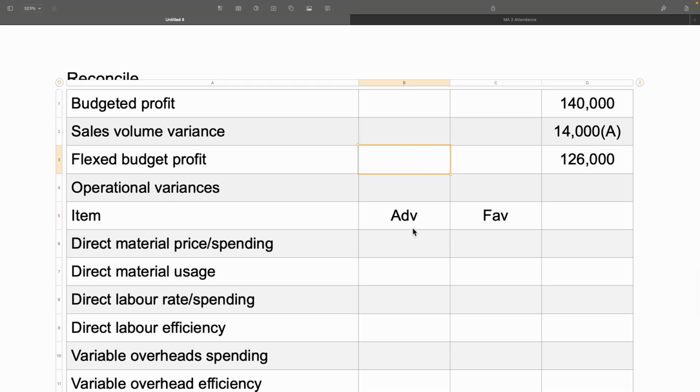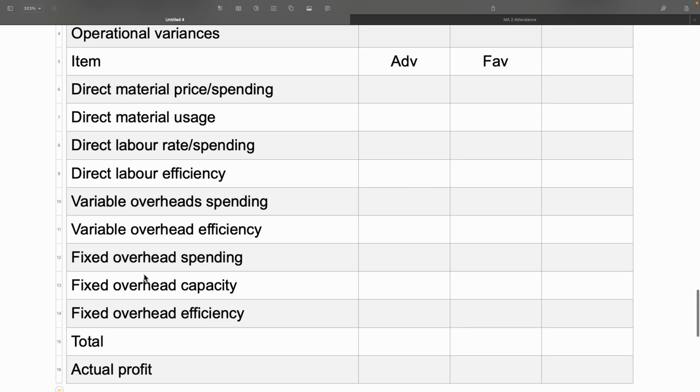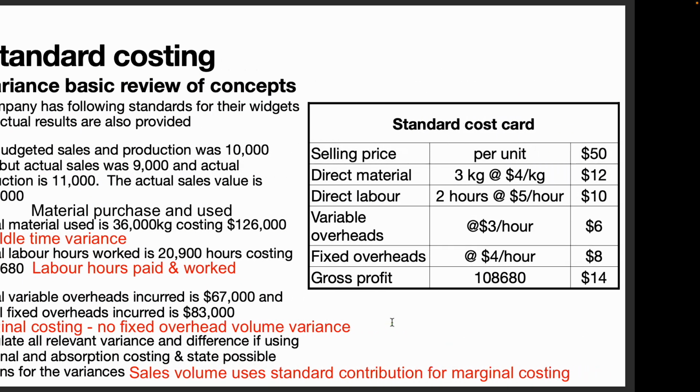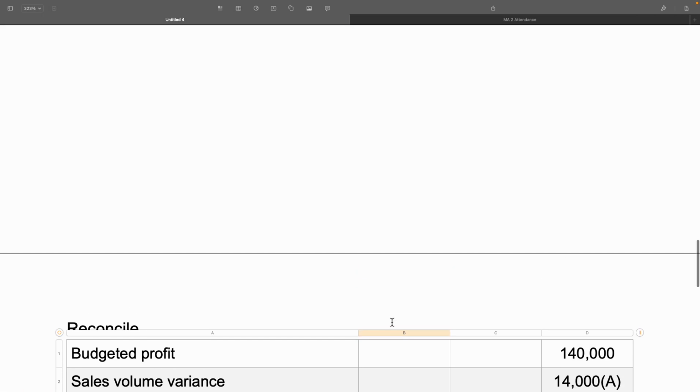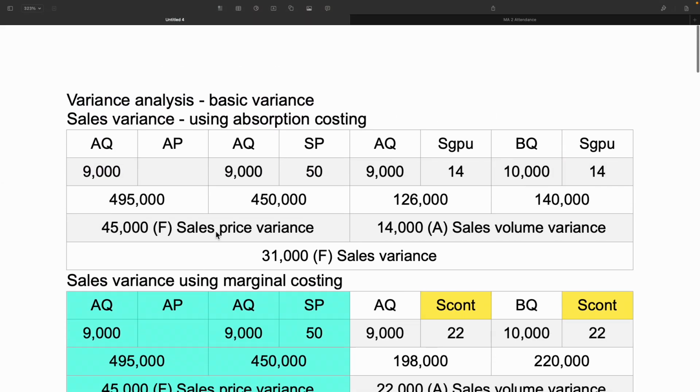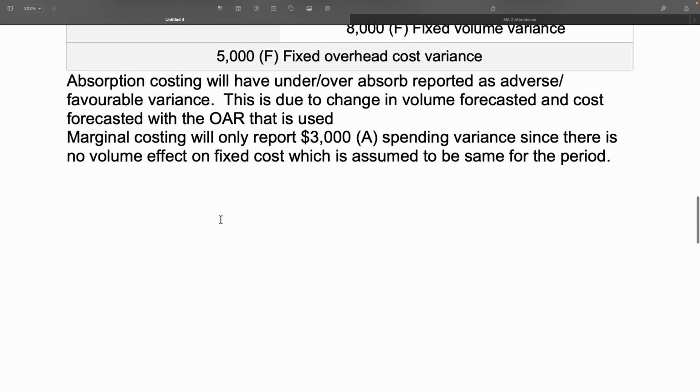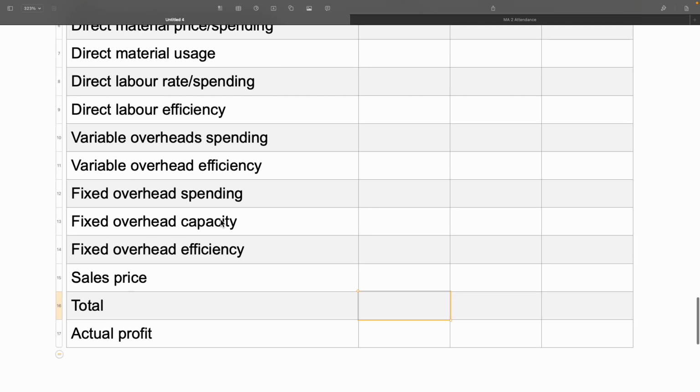Okay. Then you have operational variance, which is going to add all of this plus one more. Okay, so we talk about the direct material price. Sales price was, remember, sales price was 45,000 favorable, so I can put that down.